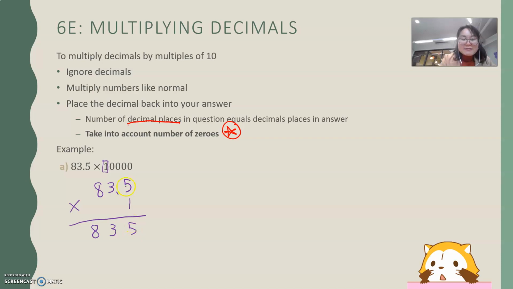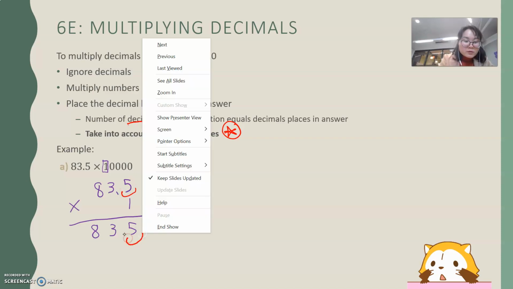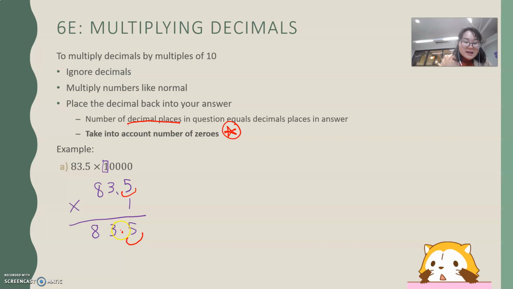And then you factor in the decimal point, so there's 1 decimal place there, so I'm going to move my decimal point 1 position to give me an answer of 83.5. However, now I need to take into account the number of zeros. So I originally had 4 zeros. So what I now have to do is I have to move my decimal point 4 places to the right.